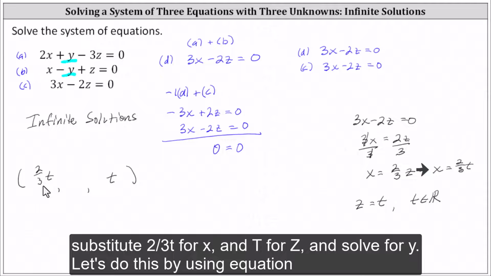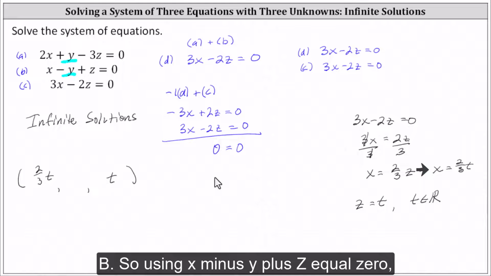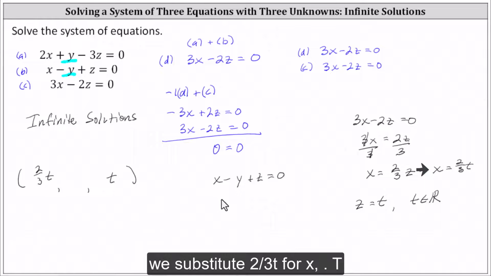Let's do this by using equation B. So using x minus y plus z equals 0, we substitute 2/3 t for x and t for z.